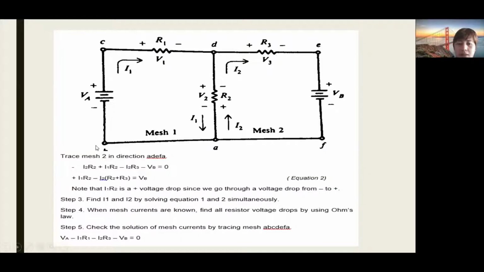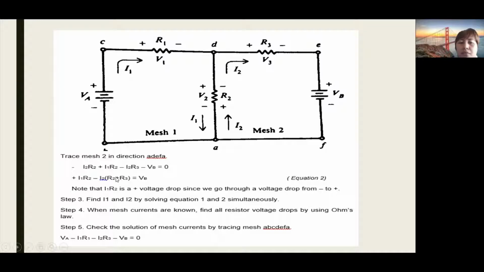Okay, so next, trace mesh 2 in direction A, D, E, F, A. So we're going to start now here in this point. So it's negative I2 R2 plus I1, because it's in opposite direction.